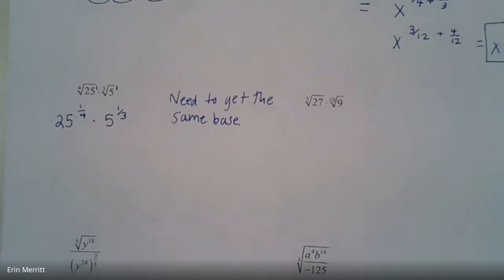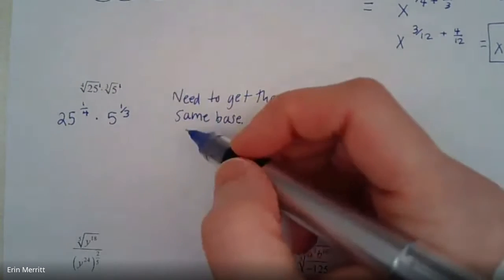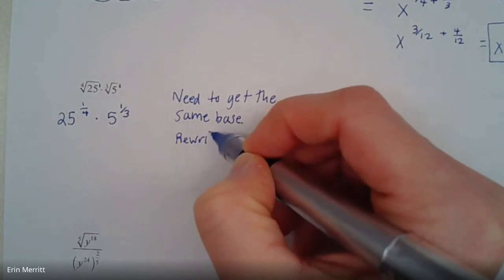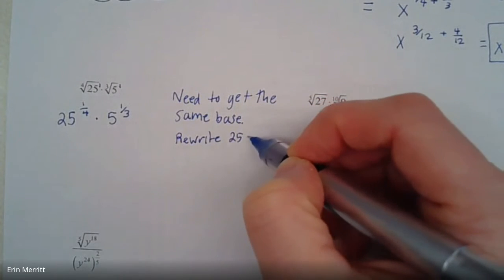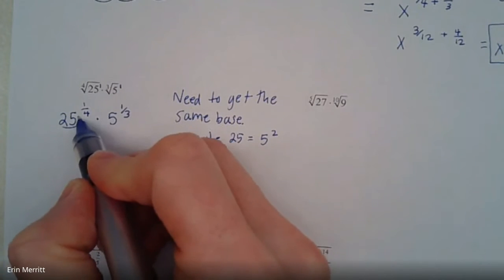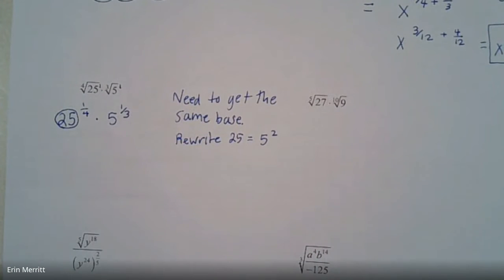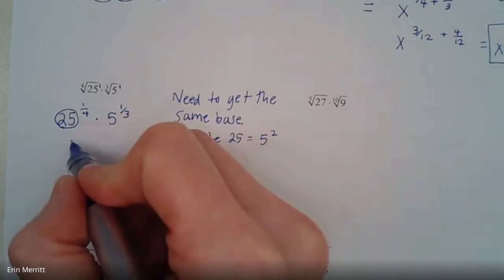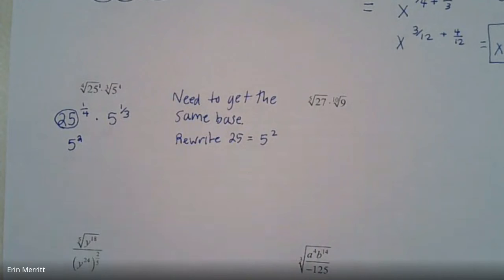If you don't have the same base, we need to get the same base. And so 5 and 25 are on purpose because we can rewrite 25 as 5 squared. So we're going to do a little substitution here. In place of this 25 right here, we're going to plug in 5 squared because those are equivalent. So I'm not changing it. I'm just writing it in a different way.